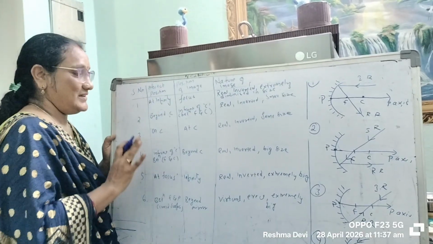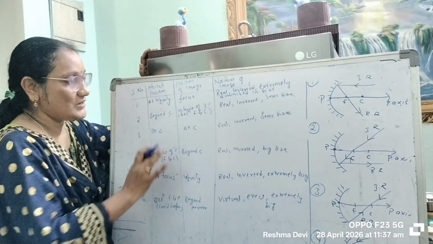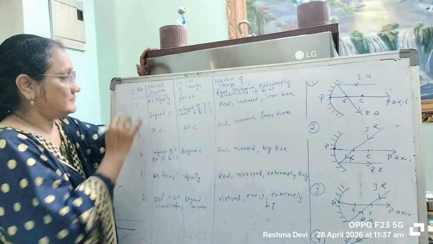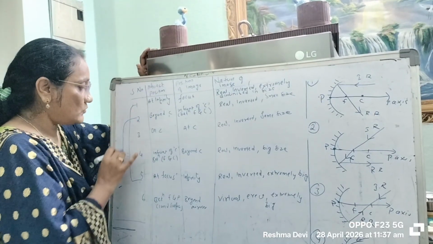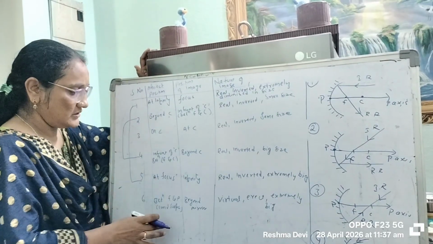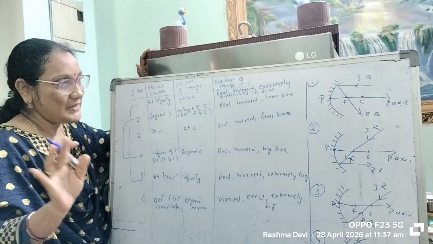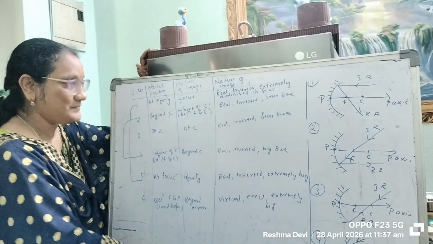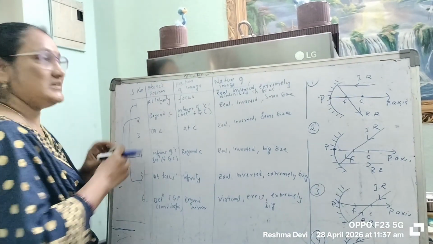So I hope it is easy to draw the ray diagrams and even easy to remember this. If you remember 1, 5, opposite pair, 2, 4, opposite pair. Just you learn 3rd and 6th. Easy to remember. Okay. And first two rules only maximum we used. Okay. Now let us move for the convex mirrors.